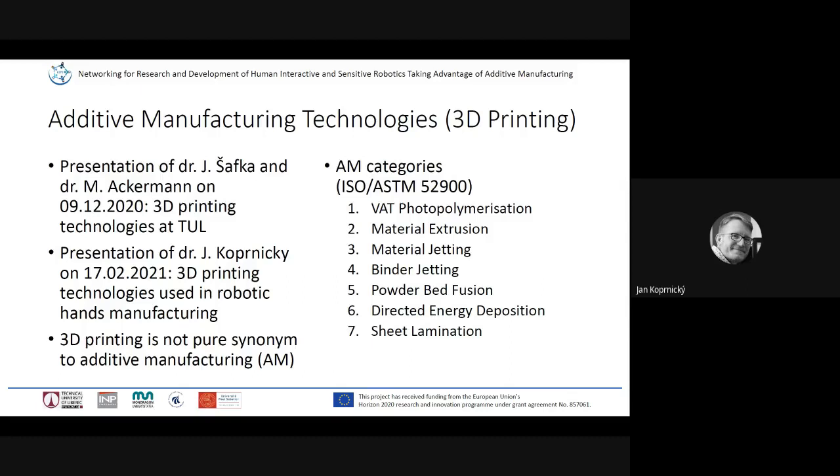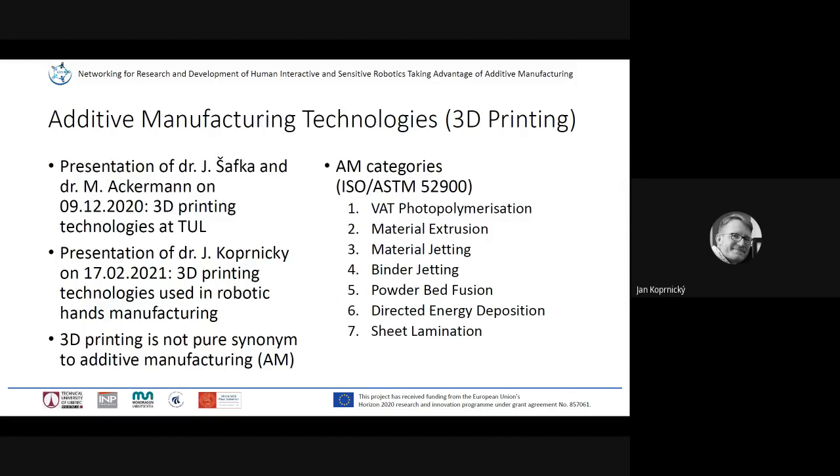So there were two seminars held by Dr. Shafka and Dr. Ackerman, and then one seminar I had 2 weeks ago. The topic was quite different to today's topic, but it's the same theme. So additive manufacturing was used, and this is the important keyword.